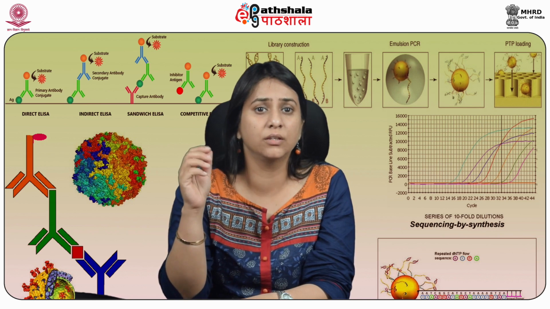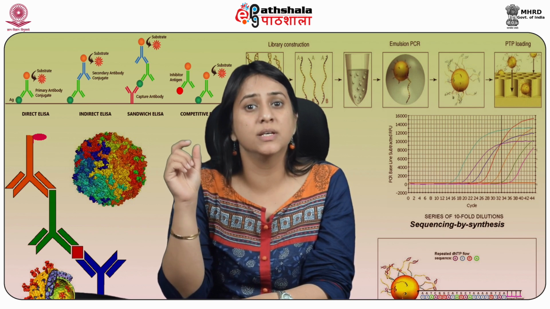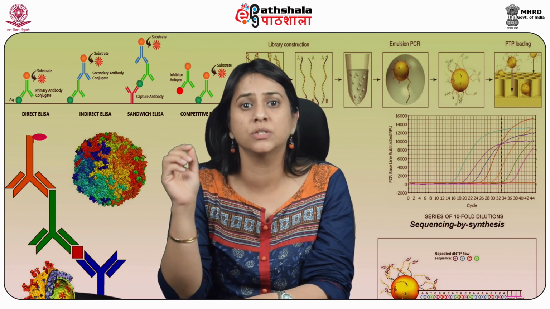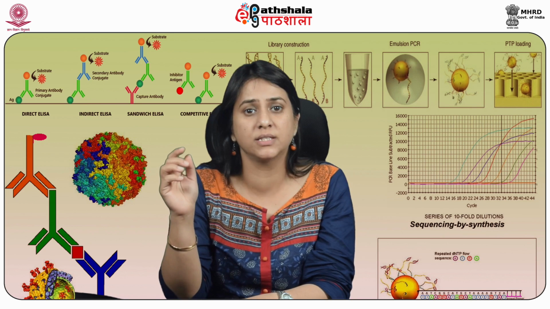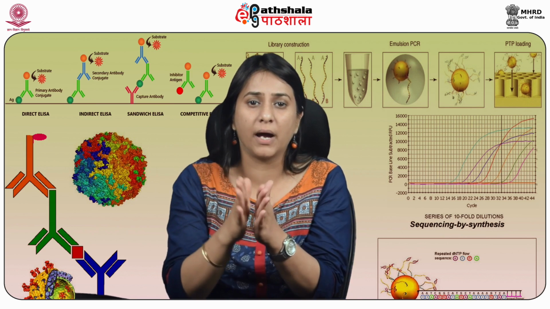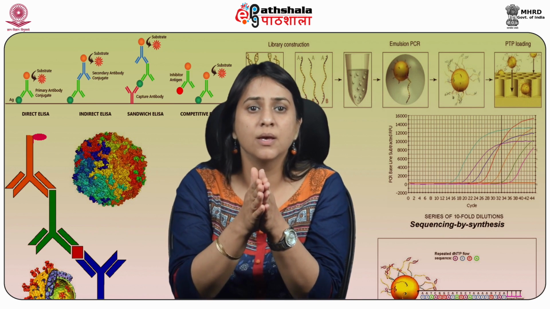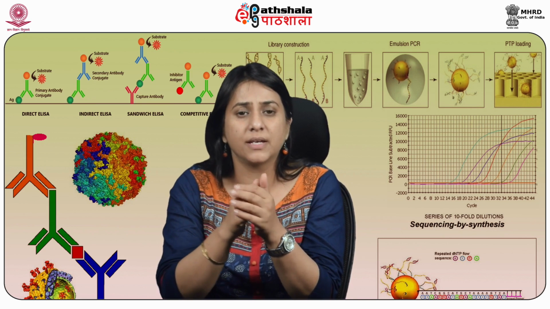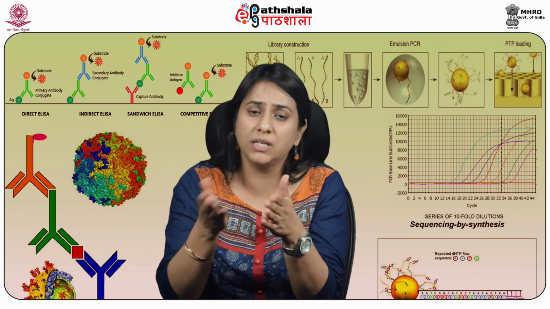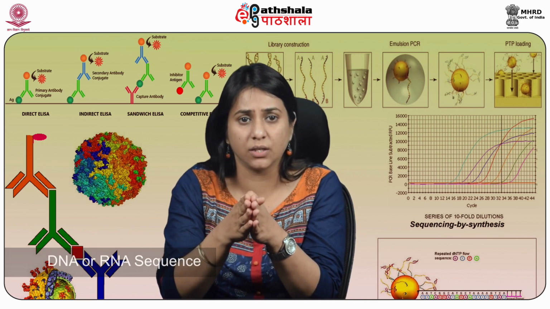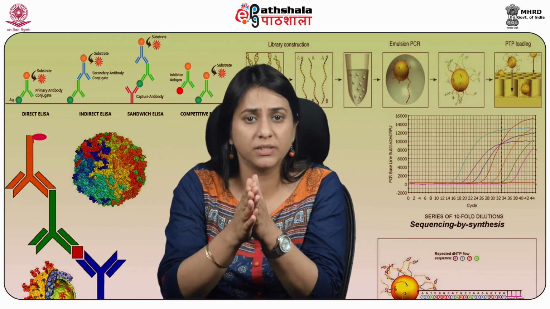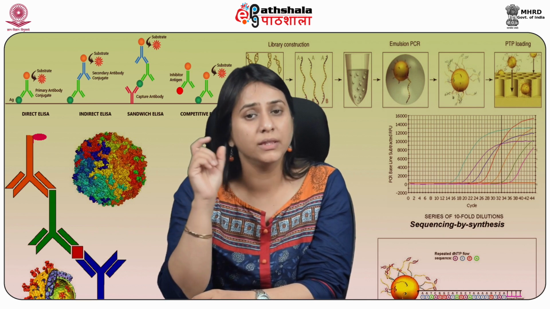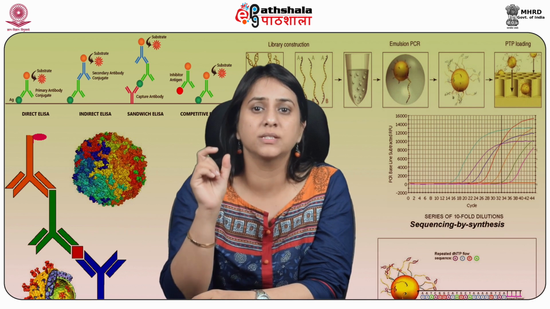In this technique, the probes are labeled single-stranded sequences which are complementary to the target sequences, and thus they bind to the target sequences by complementary base pairing. In hybridization, we can use either DNA or RNA sequences whose presence is to be detected in a cell or an organism, and these sequences are referred to as target.